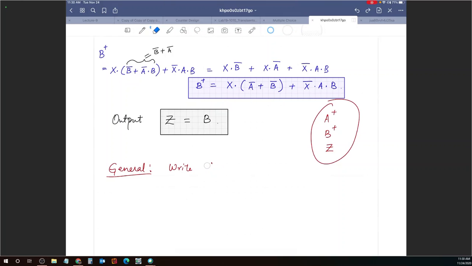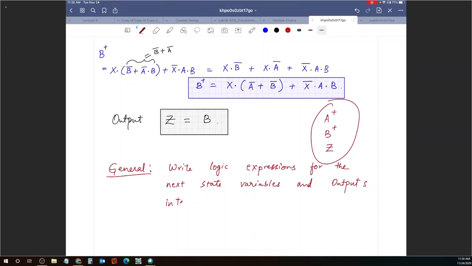Simplest is fine, but what we are really after is write logic expressions for the next state variables and output or outputs in terms of inputs and current state variables.